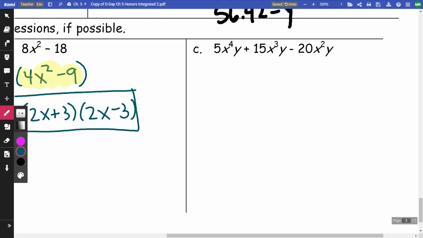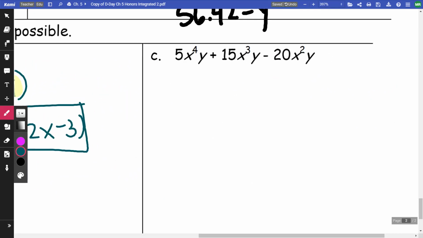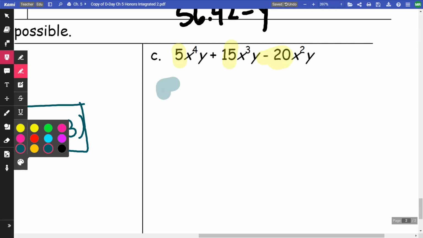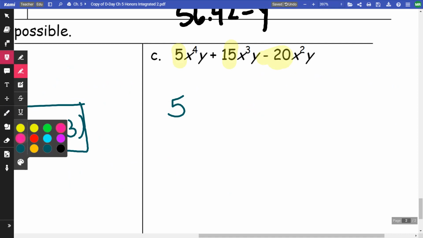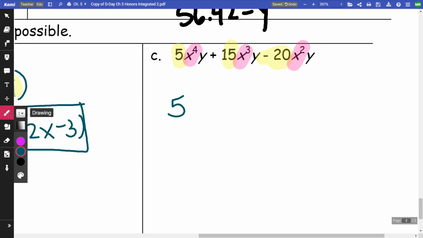On C, in this case, I noticed that if I'm looking at my 5, my 15, my 20, negative 20, I can pull out a 5 from each of those. Now, looking at my x to the 4th, x to the 3rd, x to the 2nd, I can pull out an x squared from each of those.